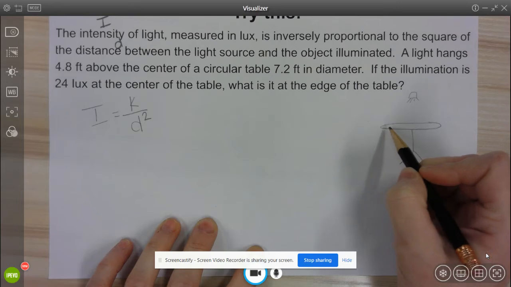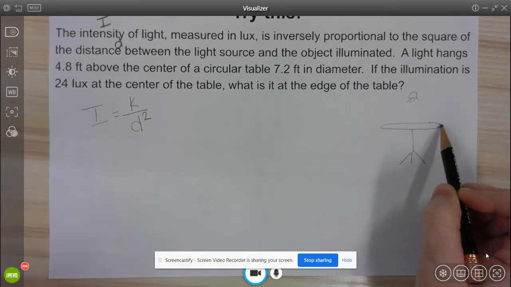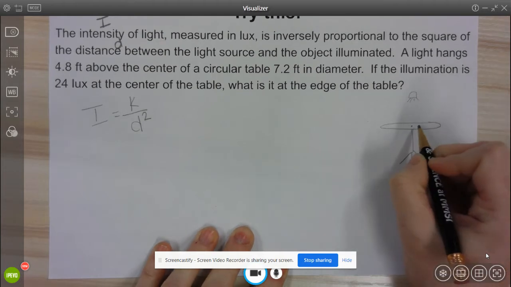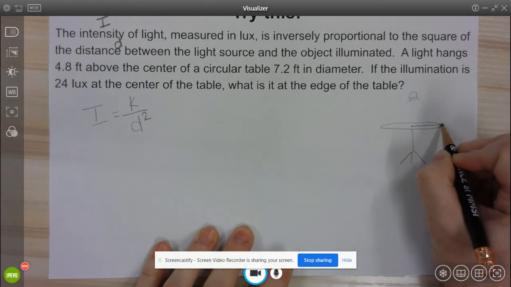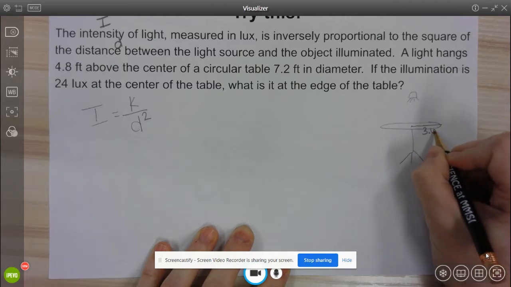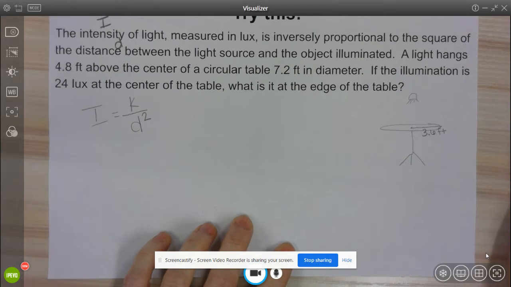So the diameter of the table is 7.2 feet. So this tells me that the radius of the table is 3.6 feet. And I am going to need that.